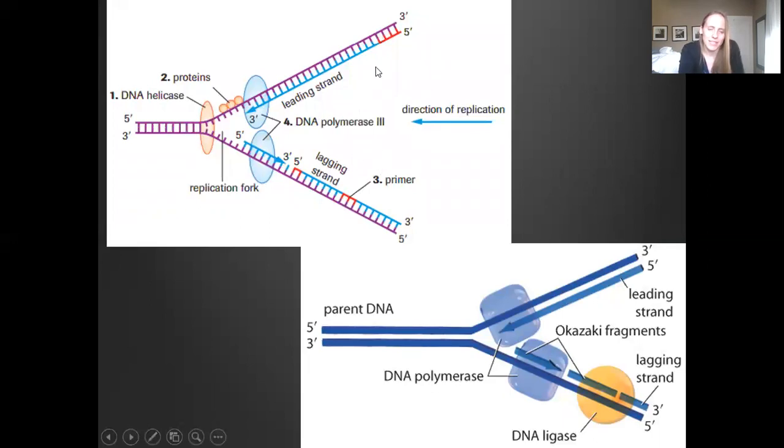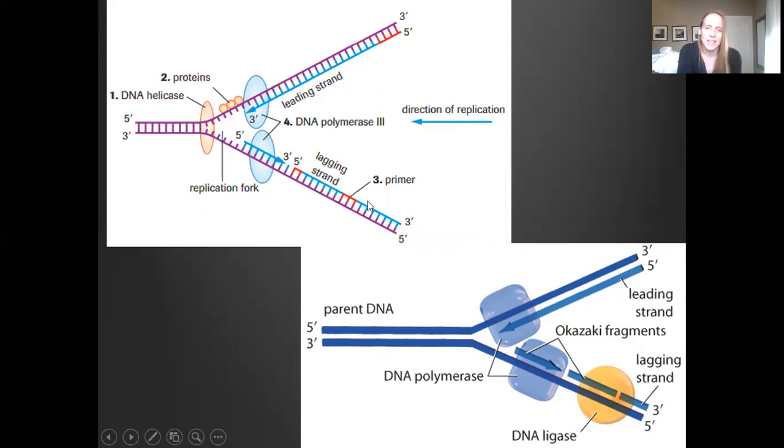Okay, I do like this kind of top picture here, this purple and blue one. Again, you've got the purple, which is the original DNA molecule. The helicase is unzipping it or breaking apart the hydrogen bonds. And then the leading strand is going to be built continuously towards the replication fork in the 5' to 3' direction.